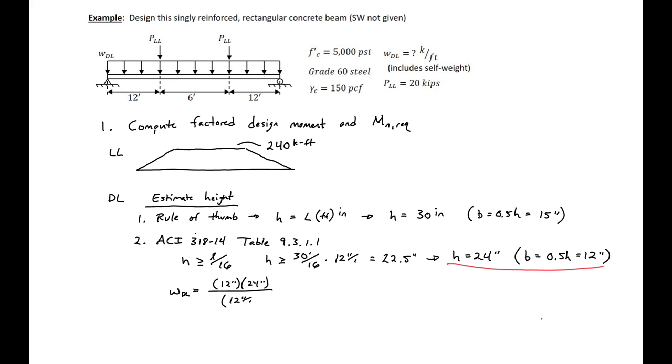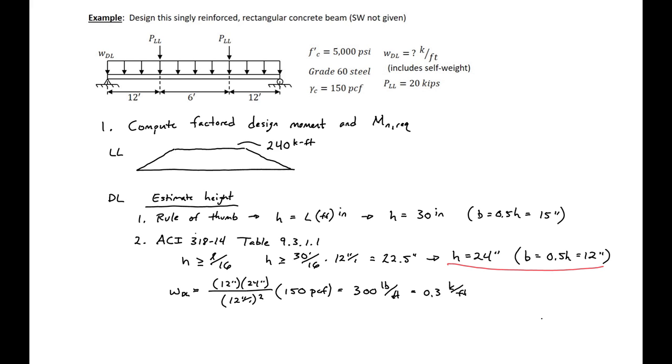So 12 divided by 12 inches per foot, times 2 feet, and then take this times our concrete density, 150 pounds per cubic foot. And this will give us a distributed load of 300 pounds per foot, or 0.3 kips per foot.